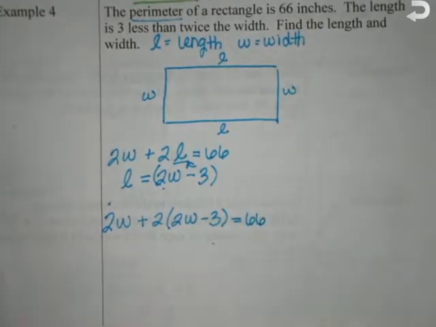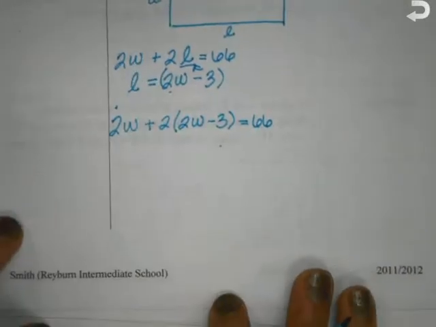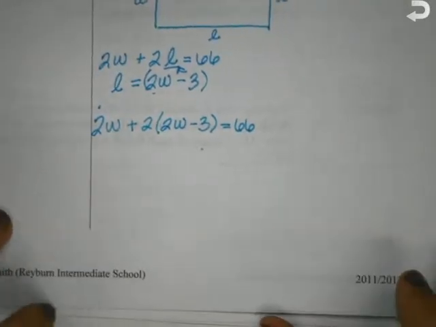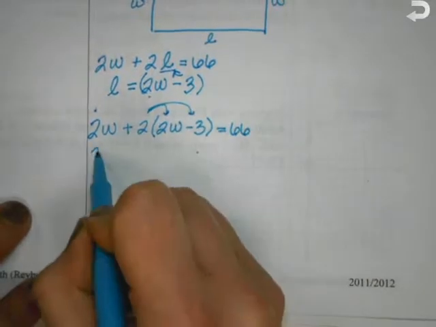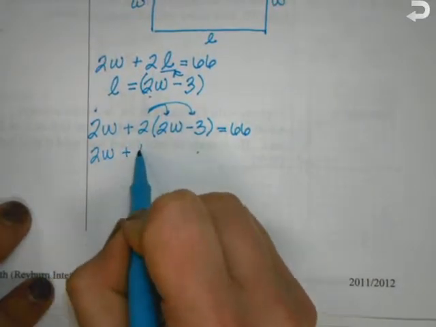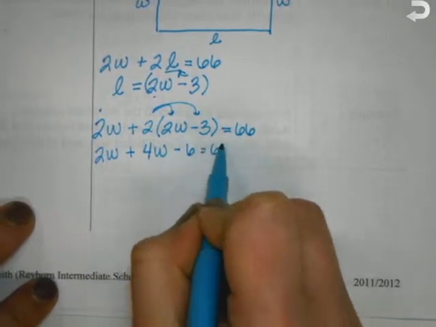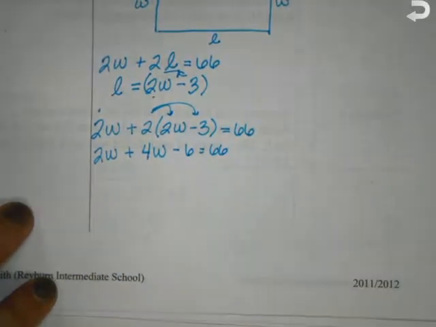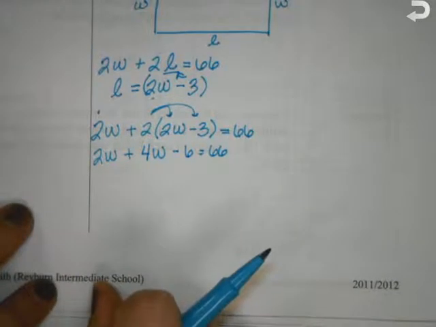Okay, how do I solve for W? Distribute. So 2W plus 4W minus 6 equals 66. 2W plus 4W is 6W minus 6 equals 66.